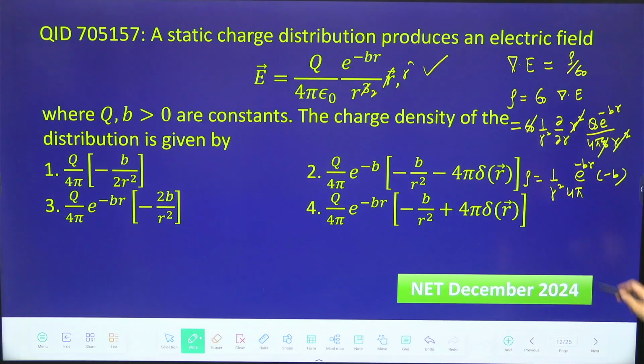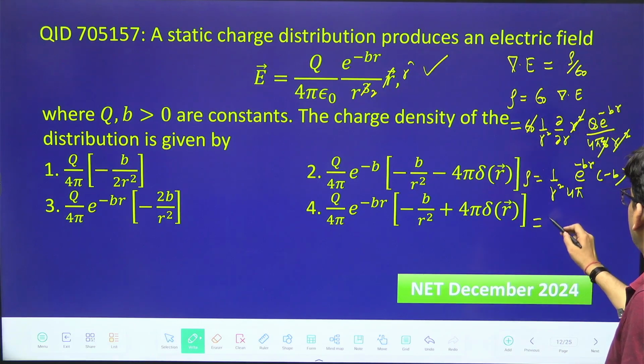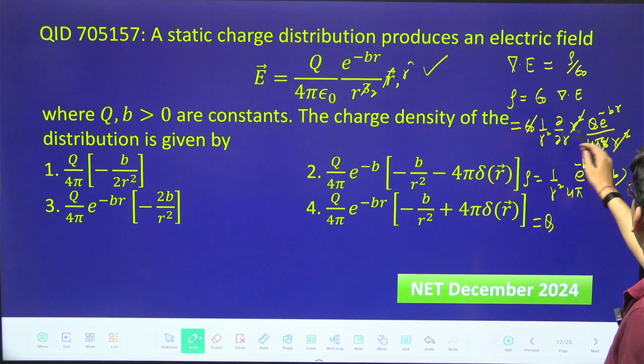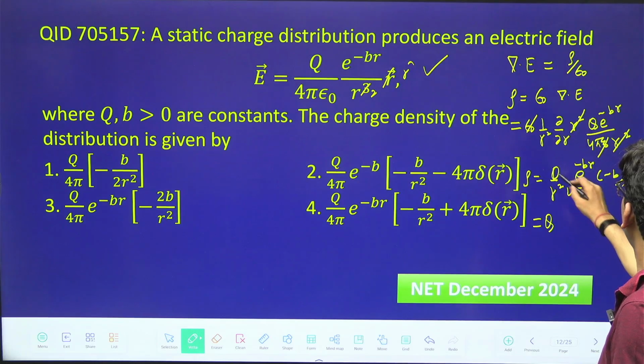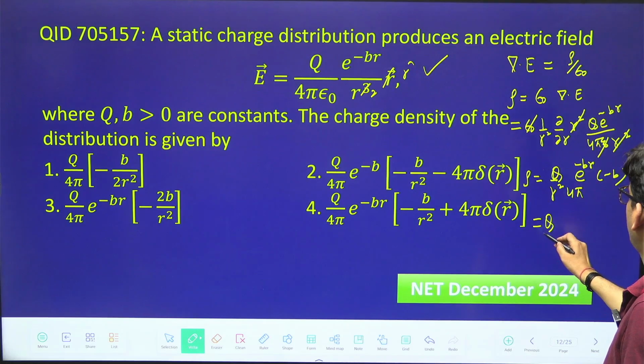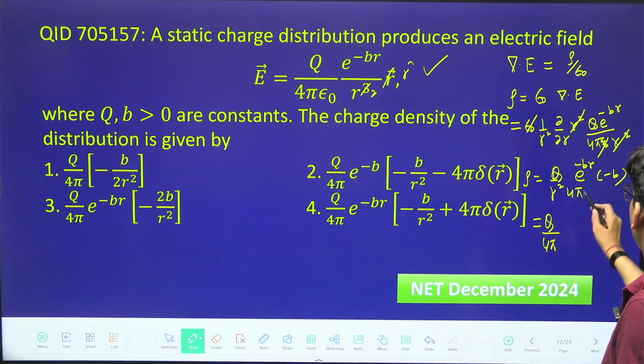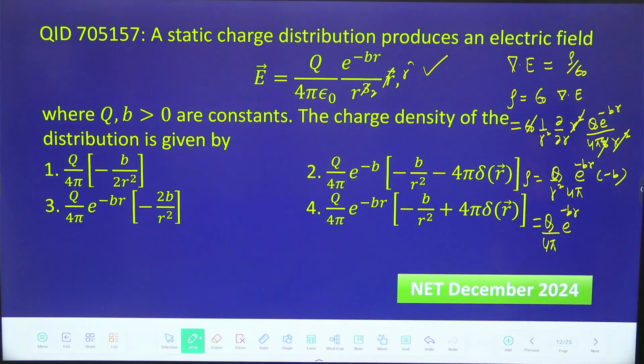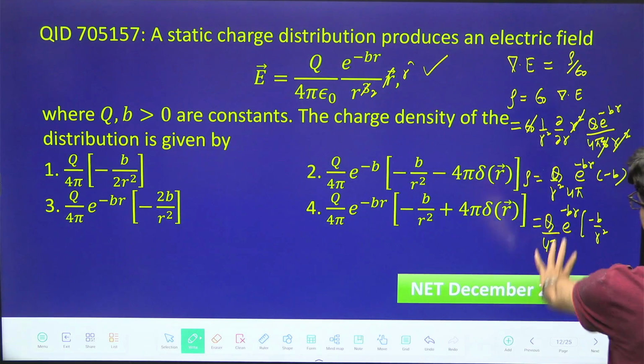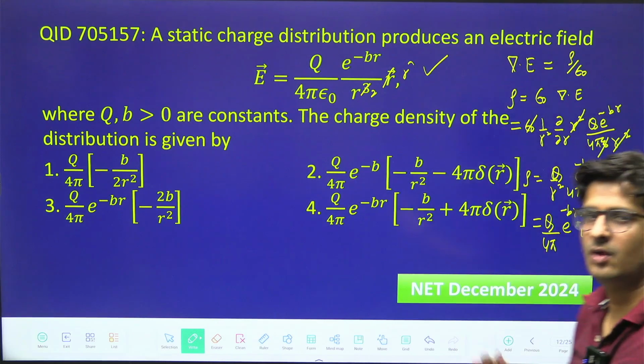So rho will be, if I take q over 4 pi e to the power minus br common, what I am getting is minus b by r square, correct? So this is correct if r is not 0.